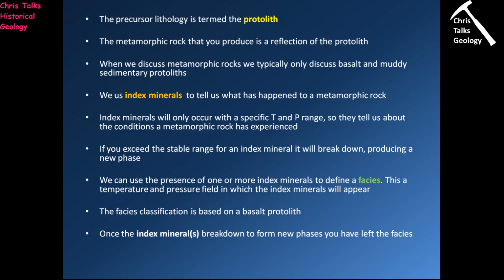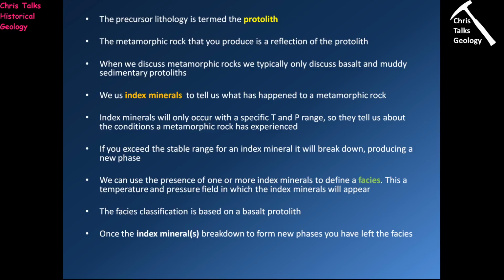So if the protolith is very, very rich in, let's say, calcium silicate minerals, well, obviously the metamorphic rock you produce is also going to be quite rich in calcium silicate minerals. It's not suddenly going to become very, very rich in iron silicate minerals because there's no iron in the original protolith. So you can't just create something out of nothing. Typically, the metamorphic rock you get is a reflection of the protolith.